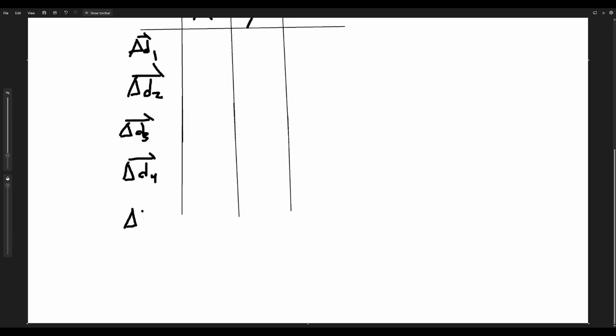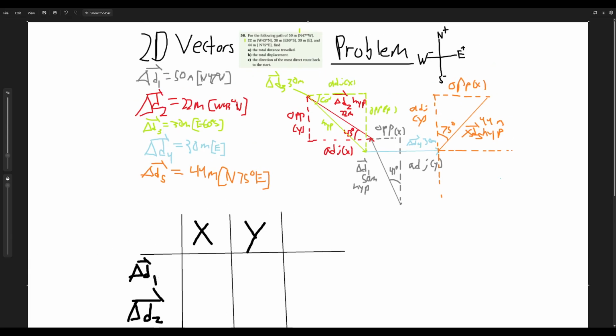So it looks like I'm going to have to make my line longer. And at the bottom we can put what is called the resultant, which is basically the total displacement of all these displacements added up.